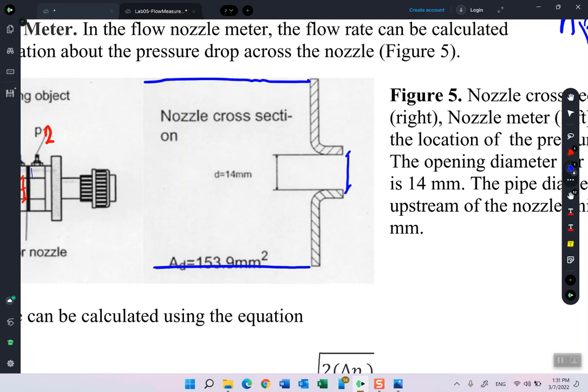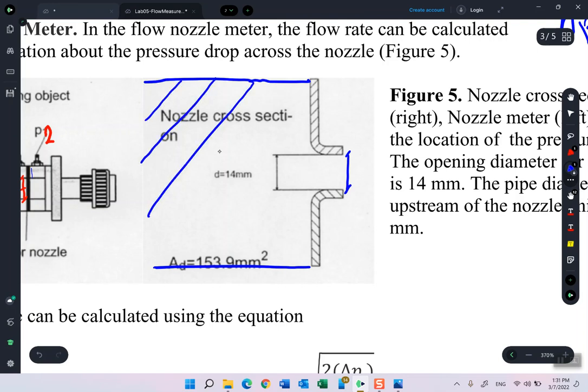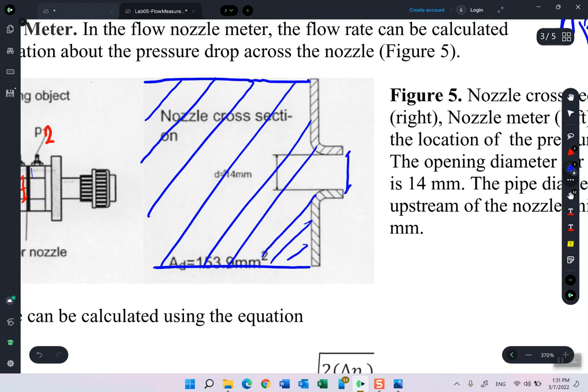What does that mean? This means that in the first section, the water will be able to move and fill this area, while for the second section, it can only fill this area. This means that we have a change in area, so we have a change in velocity, and we have a change in pressure.